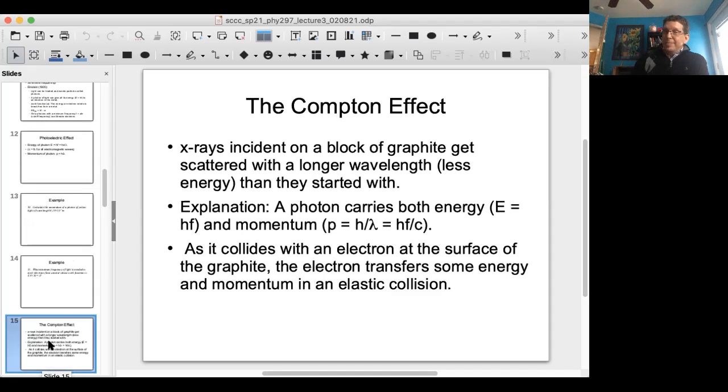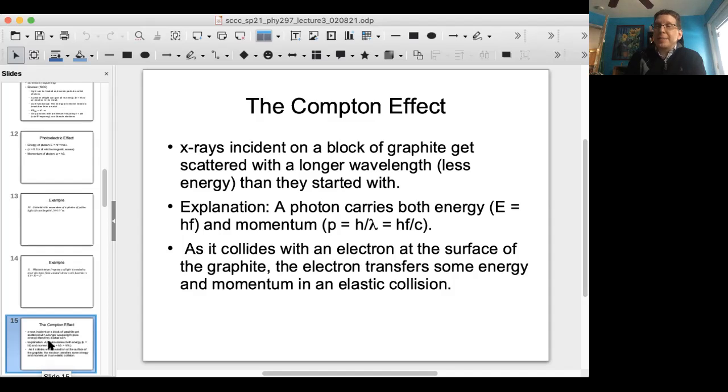That brings us to the Compton effect. So what happens is you shoot X-rays into a block of graphite. The X-ray comes out at a different angle with a slightly altered wavelength, a slightly increased wavelength, which means it's lost some energy. And then an electron gets ejected in the opposite direction.